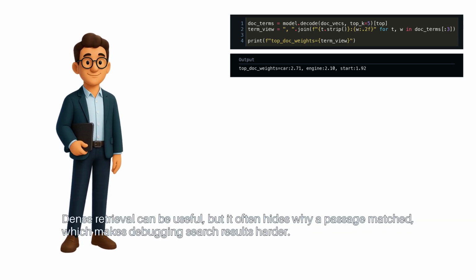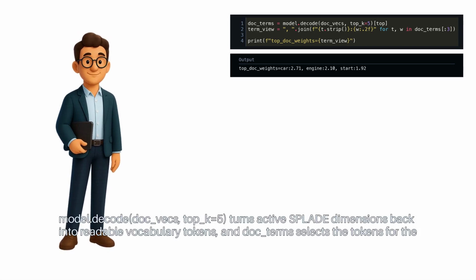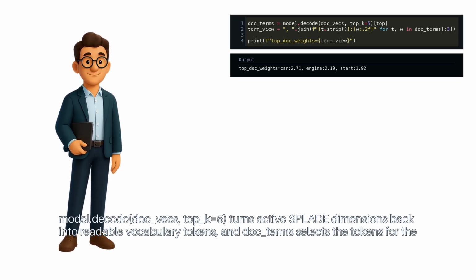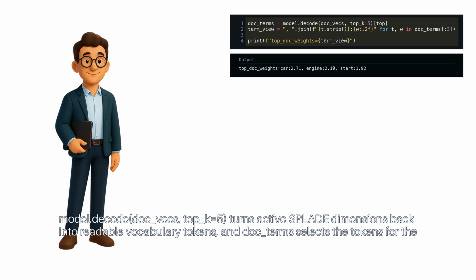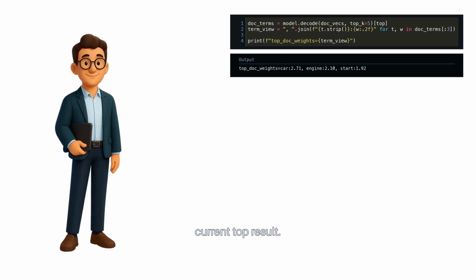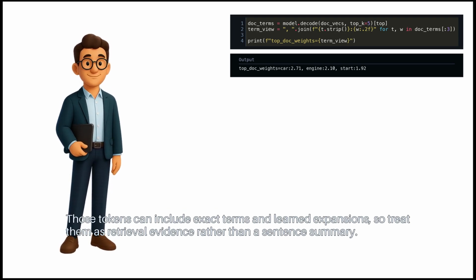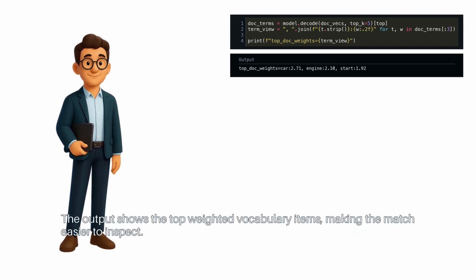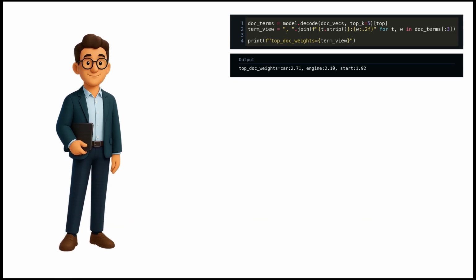Dense retrieval can be useful, but it often hides why a passage matched, which makes debugging search results harder. model.decode, doc_vec, top_k equals 5, turns active SPLADE dimensions back into readable vocabulary tokens, and doc_terms selects the tokens for the current top result. Those tokens can include exact terms and learned expansions, so treat them as retrieval evidence rather than a sentence summary. The output shows the top weighted vocabulary items, making the match easier to inspect.